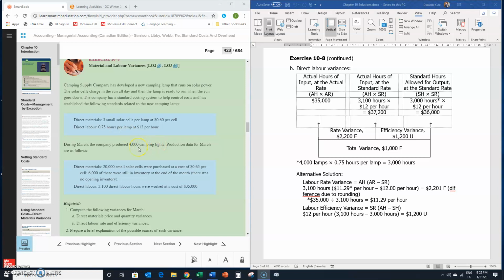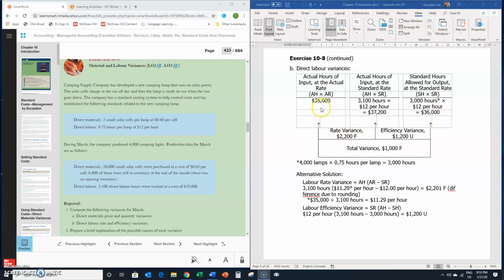So we know that they made 4,000 lamps, and each one should have been 0.75 hours. So that's 3,000 because it's standard hours allowed for the output that was actually done that month. So at 4,000 lamps, they should have used 3,000 hours times your standard rate at $12, which is 36,000.